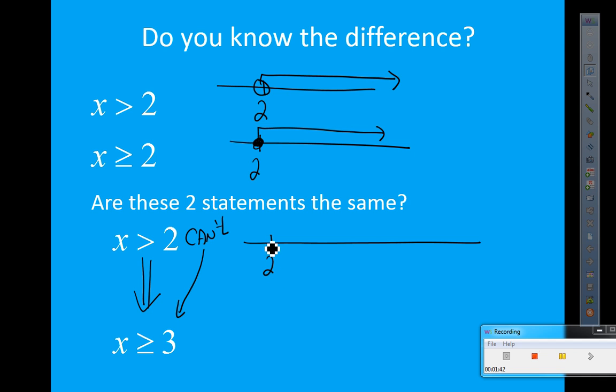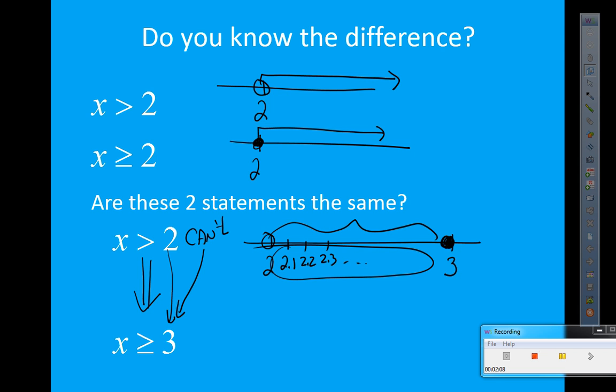If here's 2, and I tell you that you can't use it, and here's 3, and I tell you that you can use it, there's an infinite number of numbers in between 2 and 3. There's 2.1, there's 2.2, there's 2.3, and the list goes on. So if you see x greater than 2, you can't automatically jump up to 3 because there's a lot of numbers in between there. Remember that as we go here in a little bit.